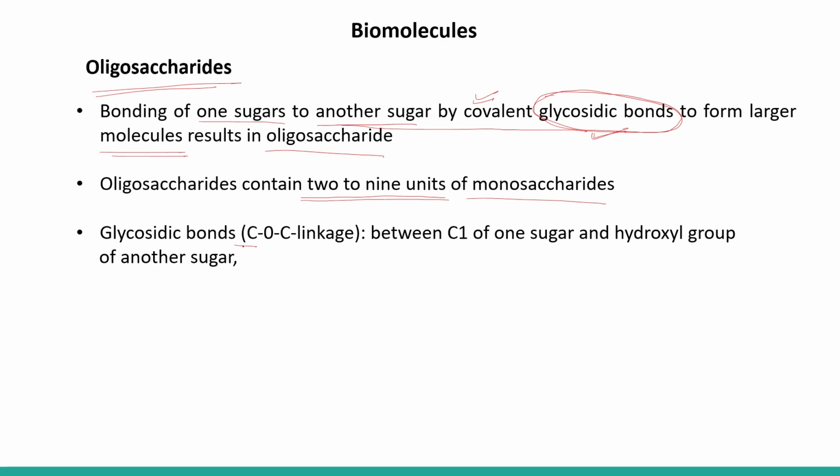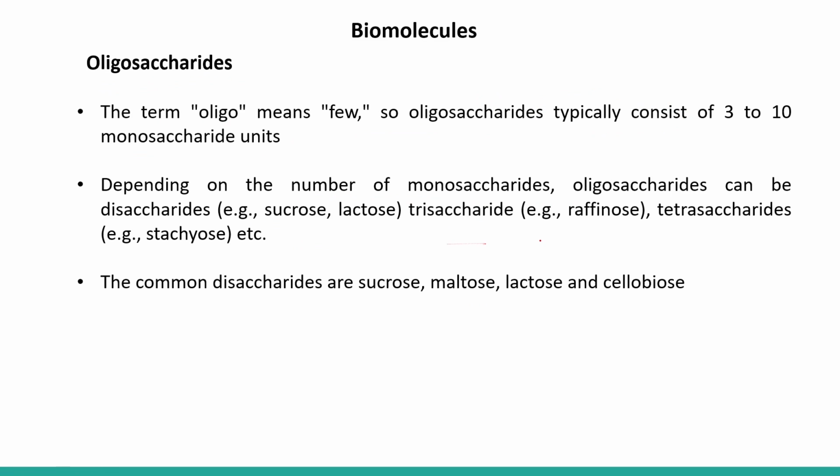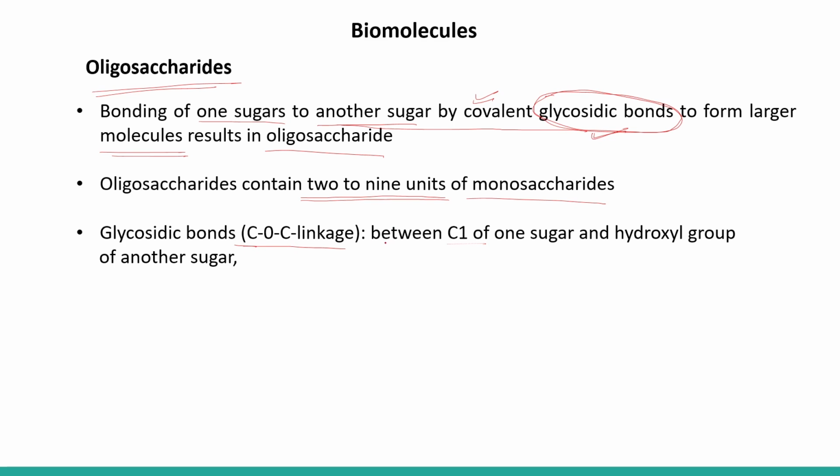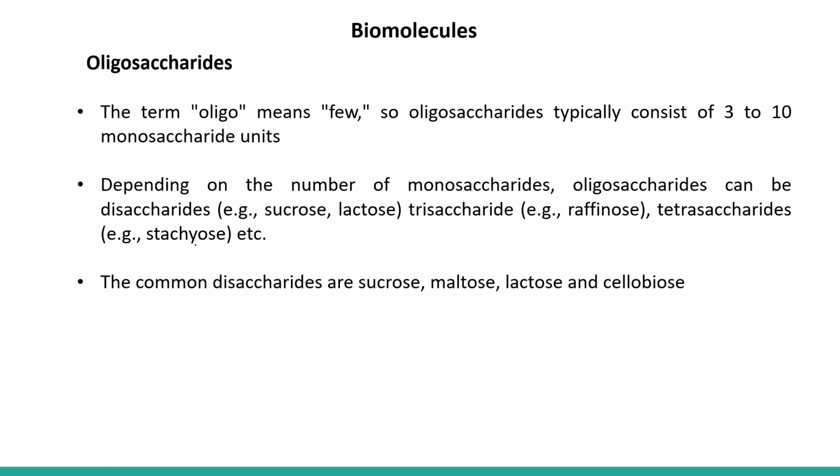Glycosidic bond, a C-O-C linkage, is formed between the first carbon of the first sugar and the hydroxyl group of another sugar. The term oligo means few, 2 to 9, sometimes considered 3 to 9 and sometimes even 3 to 10.